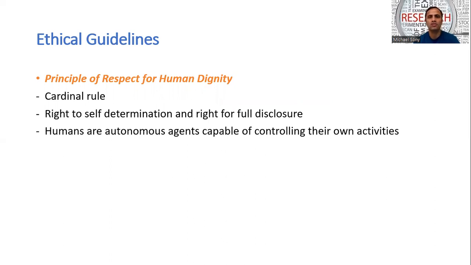This is the most cardinal rule. Individuals have the right to take and control their own activities, so they have the right to disclose what they want to disclose, and they have the right to withhold what they want to withhold.